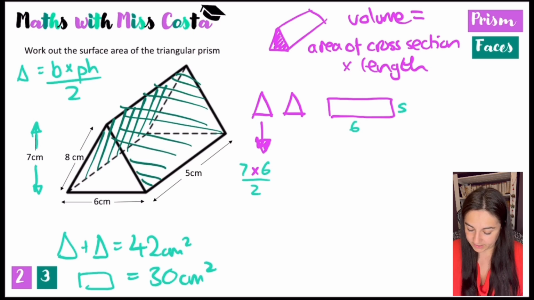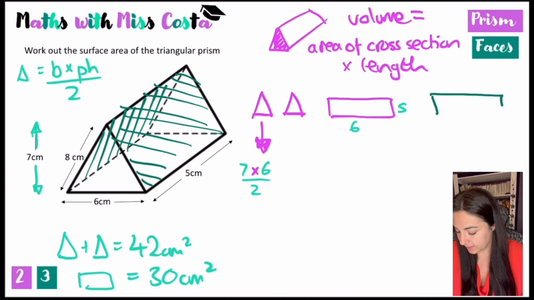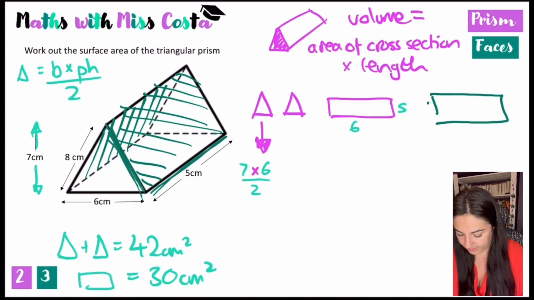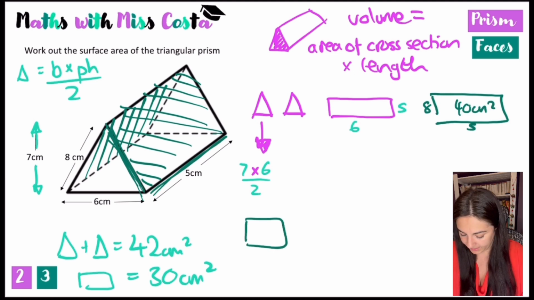So these are two rectangles, and the area of them is 5 times by 8. So you can use the slant height here because that describes this. So 8 times by 5 would give you 40 centimeters squared, and you've got two lots of them. So you'd say that plus this is 40 centimeters squared.